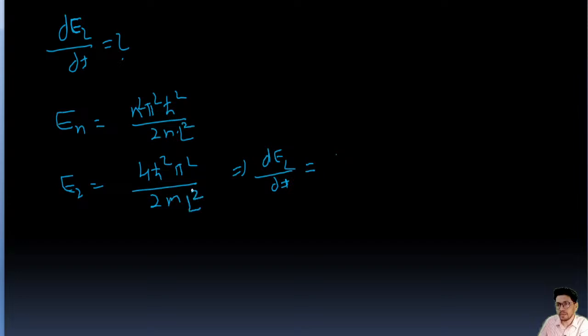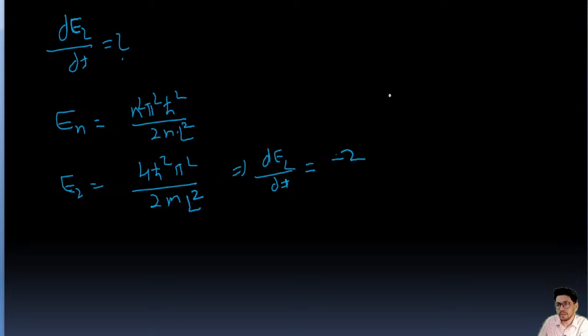So this is d upon dt of L to the power minus 2, which is minus 2 into L to the power minus 3 into dl upon dt, because we know how to differentiate it.